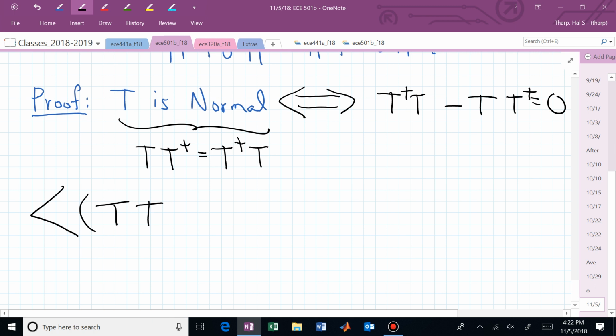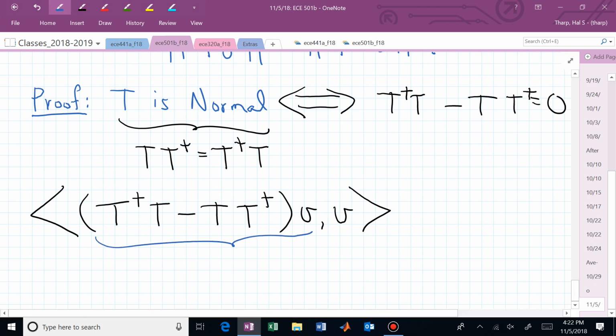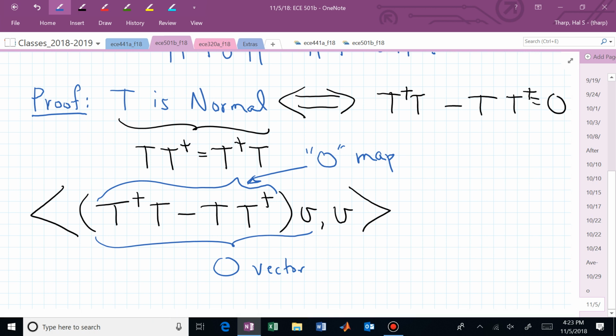So now I'm going to say that I have T dagger T minus T T dagger, that's the 0 map, applied to a vector v and v. And what does this end up being? That's now the 0 vector, isn't it? Here's the 0 vector. This is the 0 map. So that 0 is kind of used all over the place. But now we have the 0 map, and we have the 0 vector.